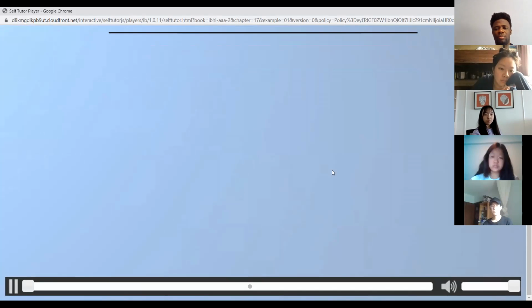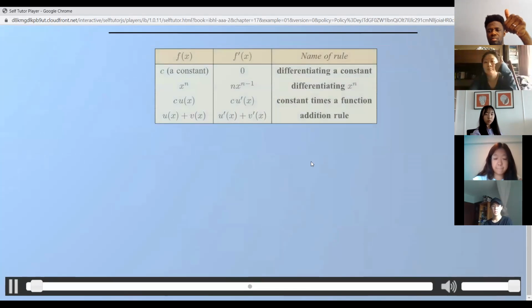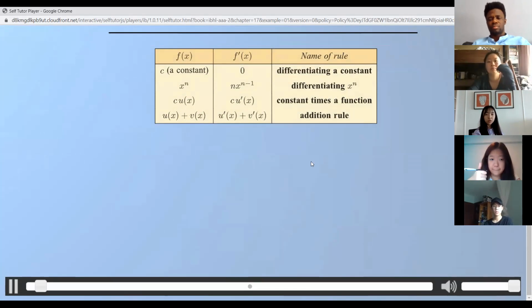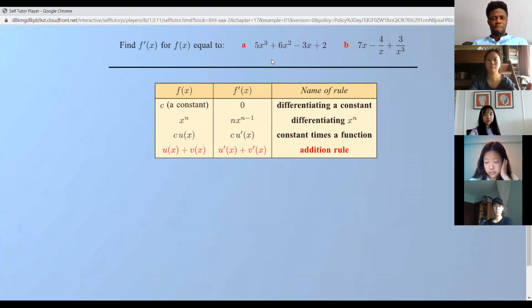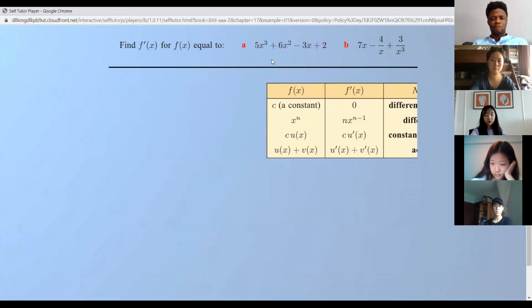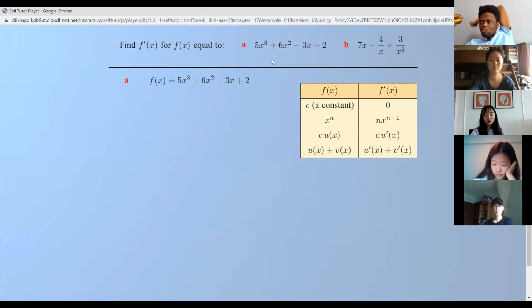Thank you. There are rules we can use to differentiate functions without having to use the method of first principles. Look at the function to be differentiated in part A. It contains several terms added together. We can differentiate this function term by term.